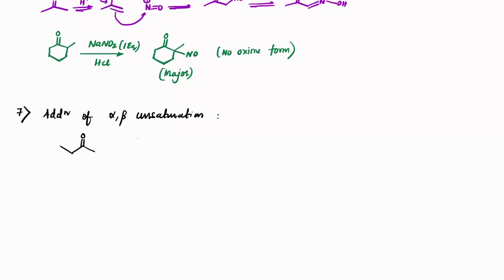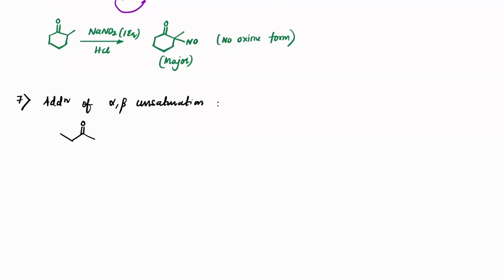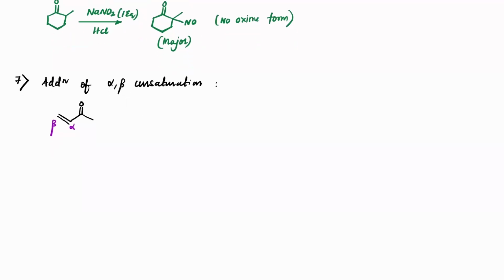So if you have a double bond here like this, then this will be alpha and beta. So this is alpha beta unsaturated aldehydes or ketones.